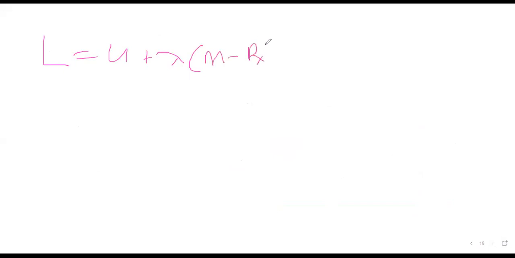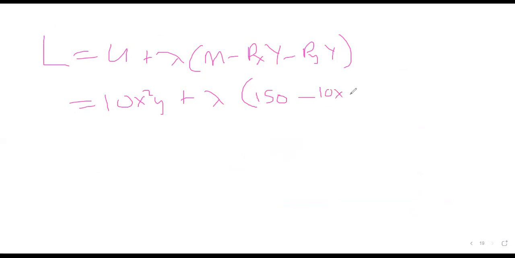Okay, so in this case, we have this Lagrangian multiplier. Our utility function is 10x²y plus lambda times the budget function, which you remember was 150 minus 10x minus 5y.